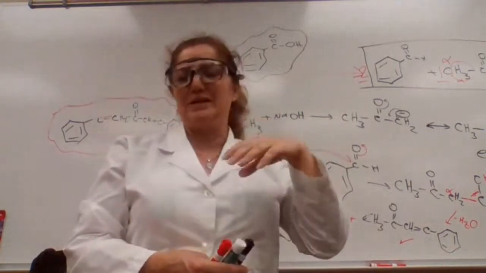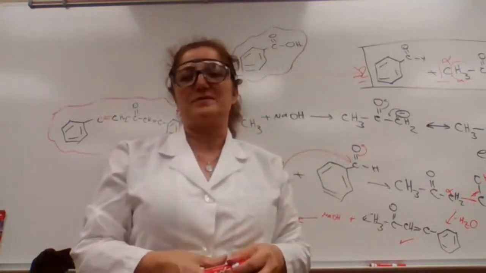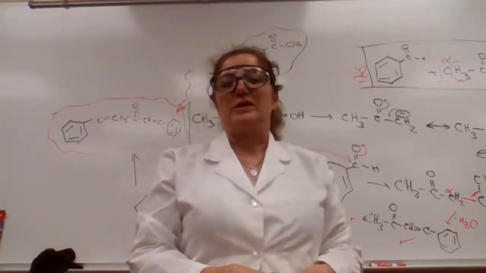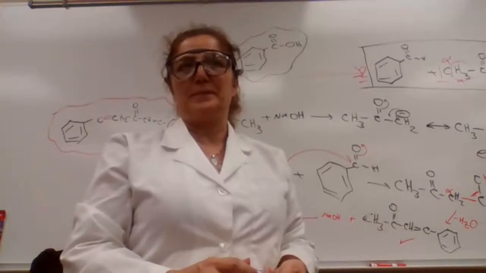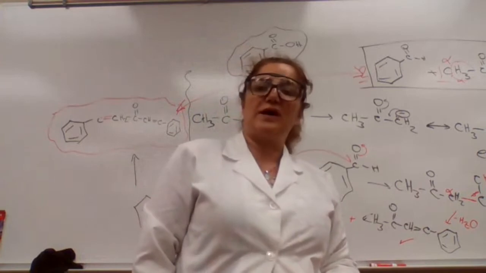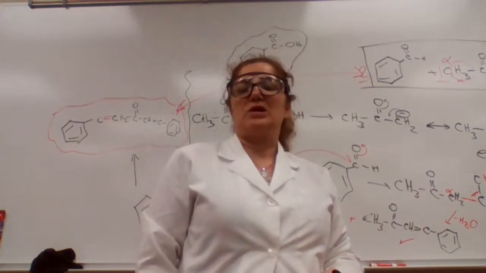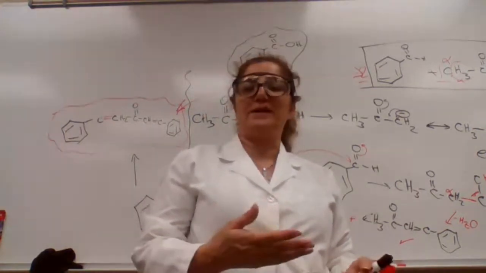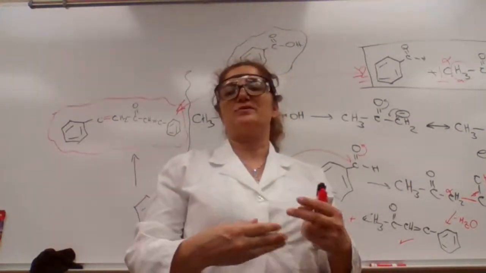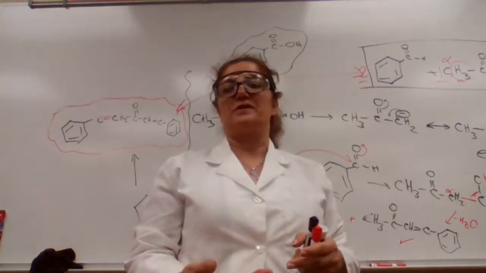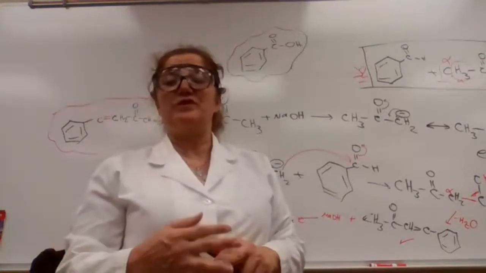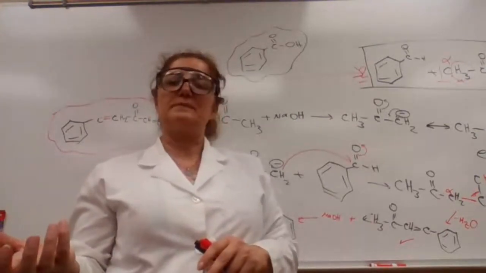First of all, can you tell me if the IR has been covered in lecture or not? For some of you, at least? Okay, good. So how does an electron withdrawing group affect the absorption of a peak in the IR spectrum? If you have a carbonyl group and you add an electron withdrawing group to it, which way would it shift? It shifts to higher numbers.